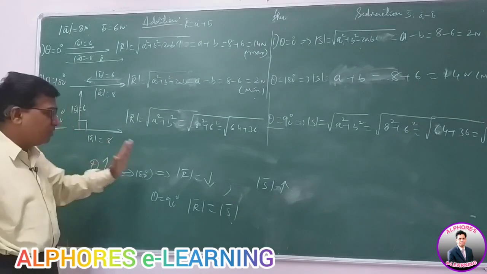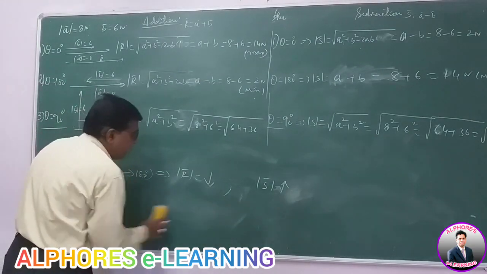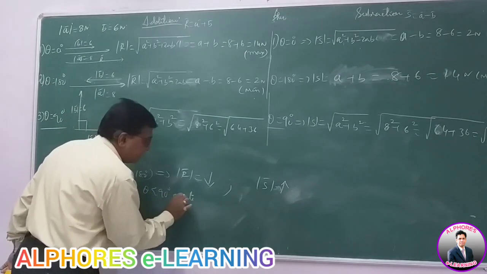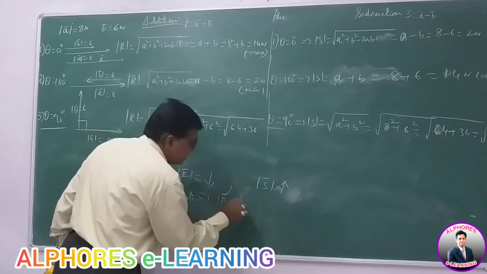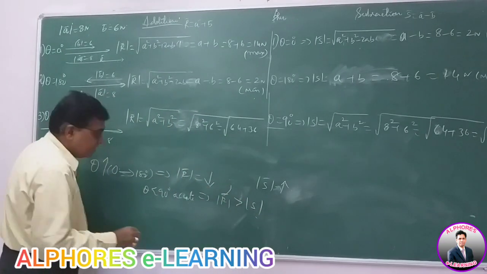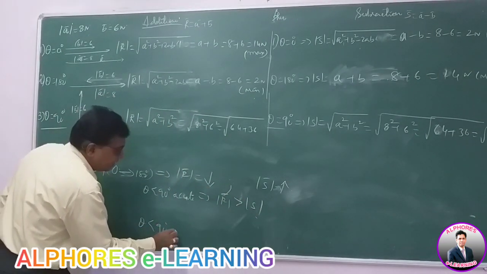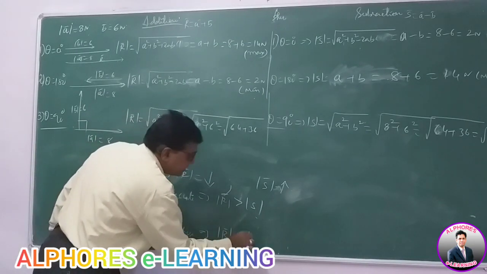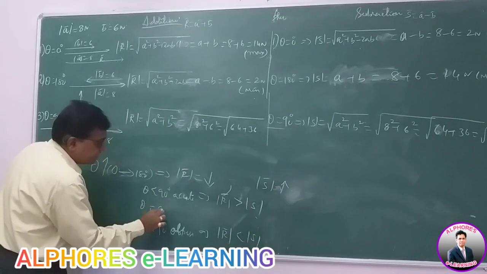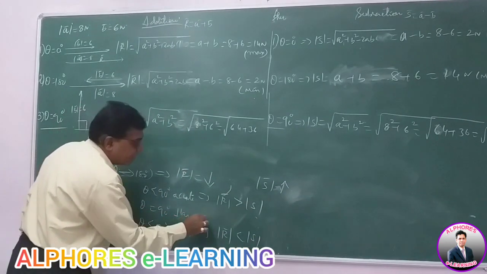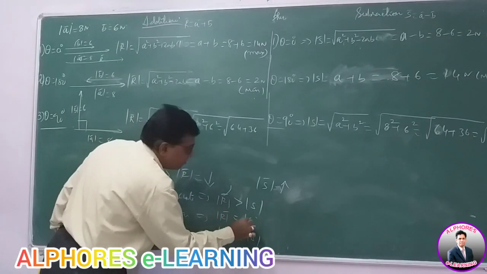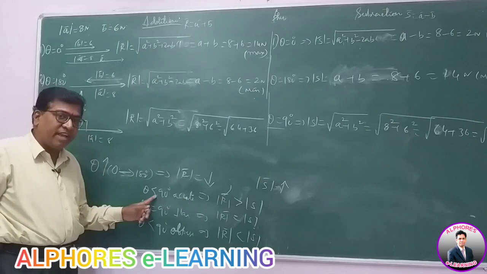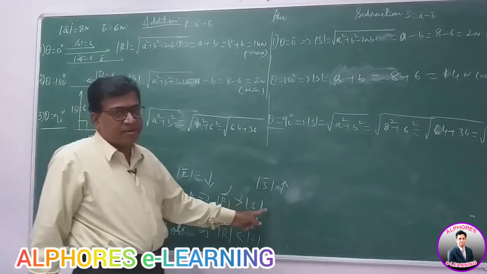Now if the angle theta is less than 90, acute angle, then mod R is greater than mod S. If theta is greater than 90, obtuse, then mod R is less than mod S. But when theta is 90 degrees, perpendicular, then mod R is equal to mod S. When the angle is acute, addition resultant is greater than subtraction resultant.